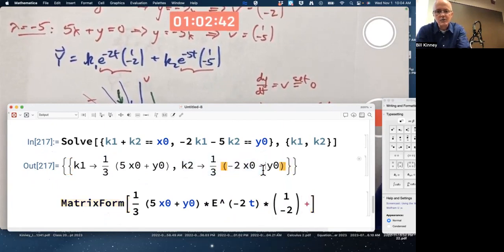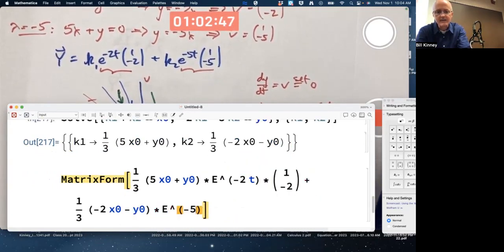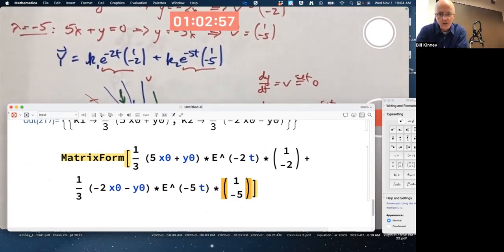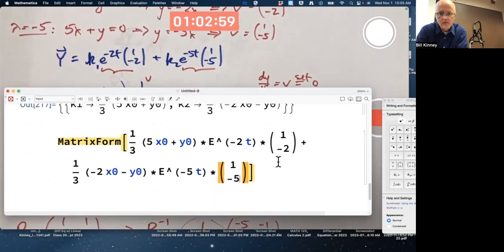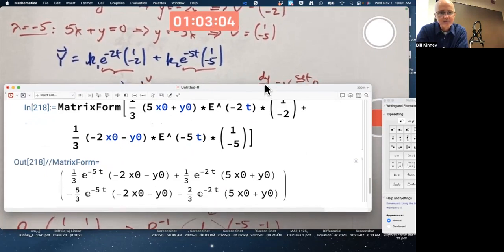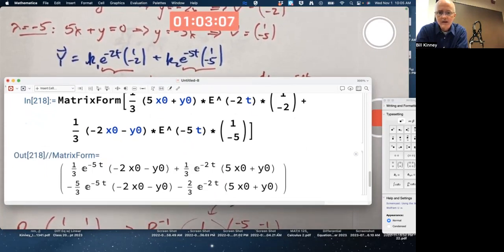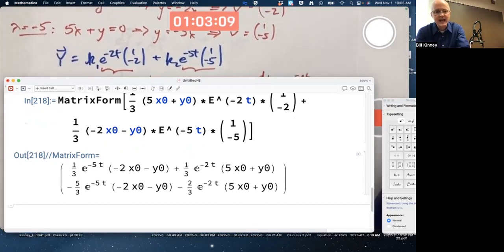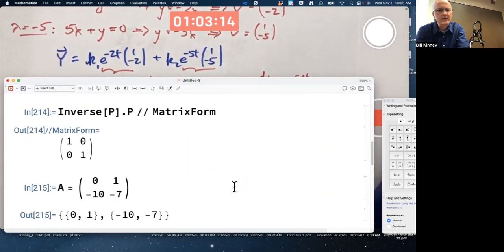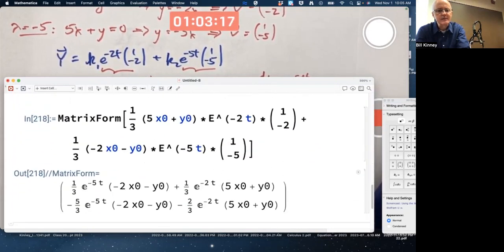And then plus k2, this thing, times e to the negative 5t times 1, negative 5. When I enter this, it may not be simplified as much as I might want, but let's see what it looks like. Okay, that's not bad. If I use MatrixExp, do I have the matrix A in there? Yeah, that is the matrix A for this example.